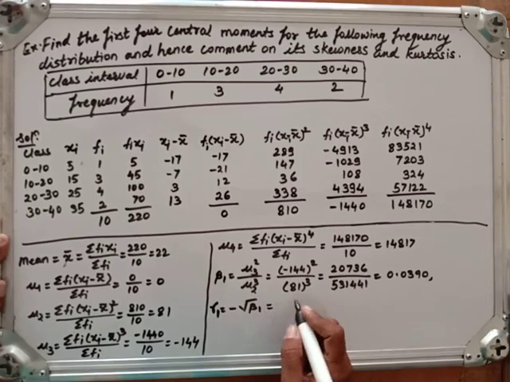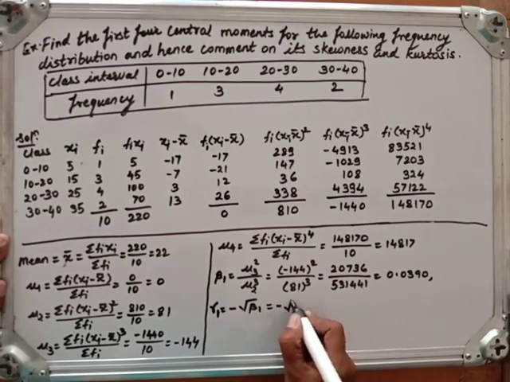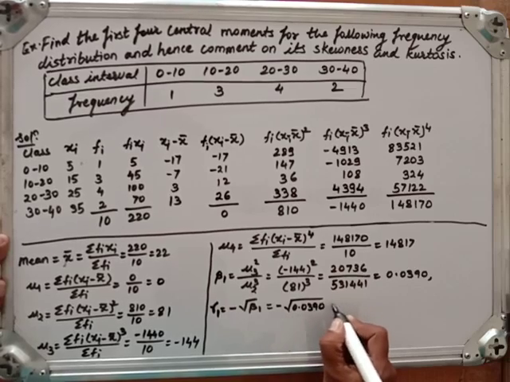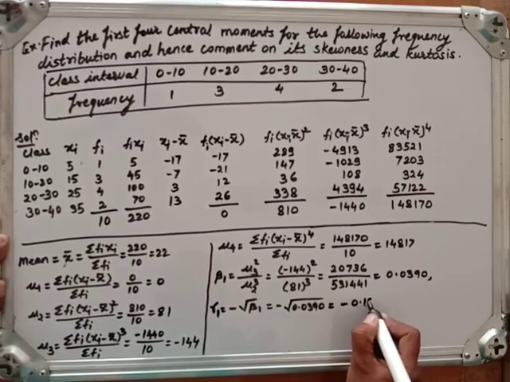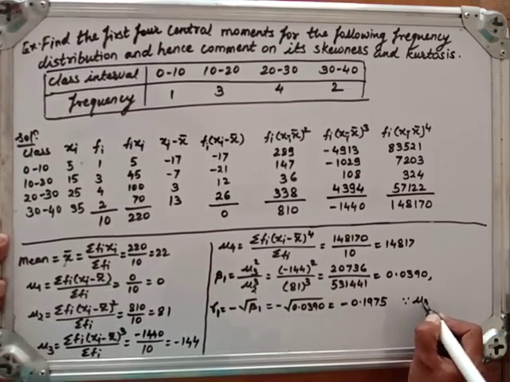So here we will get it: minus root of 0.0390, and that is minus 0.1975, since mu3 is negative.